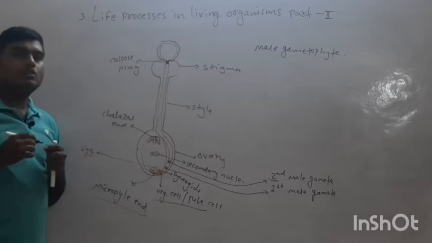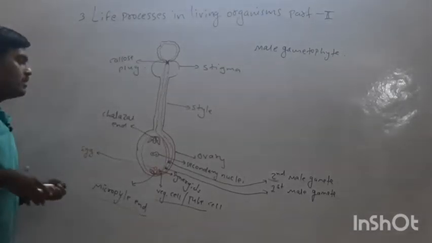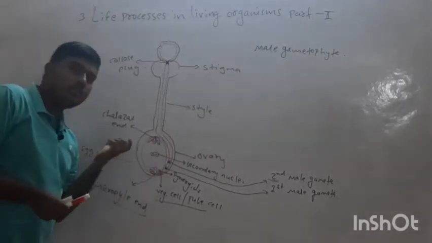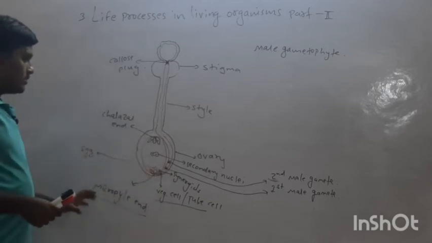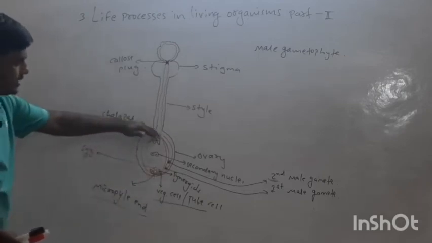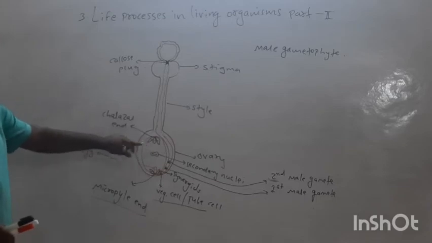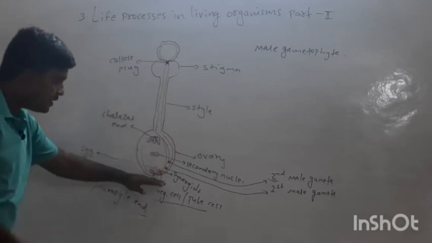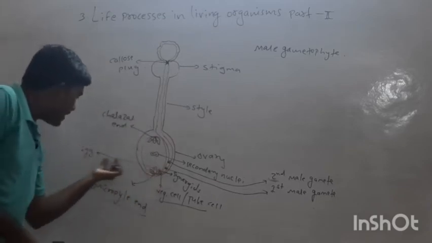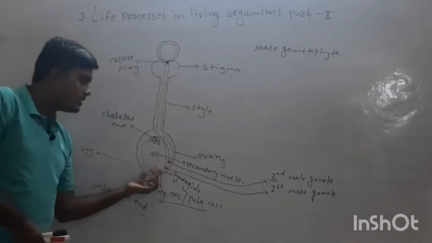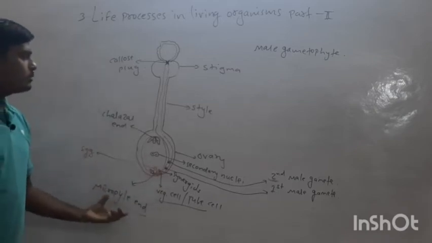In the ovule there are two ways for the pollen tube to enter. The chalazal end is the upper end, where our antipodal cells are present. Below there are two synergids and one gametic cell, the egg cell. That end is called the micropyle end.